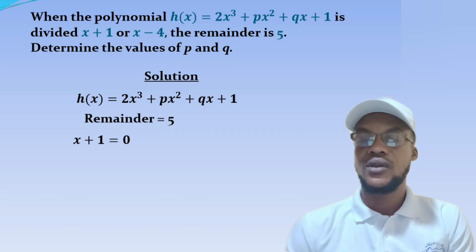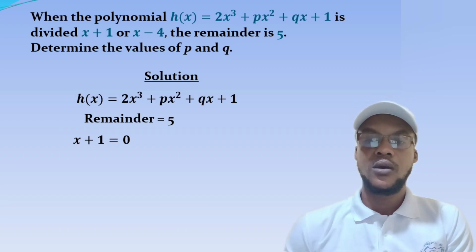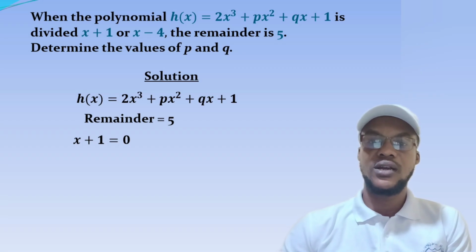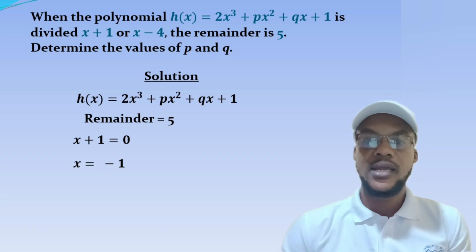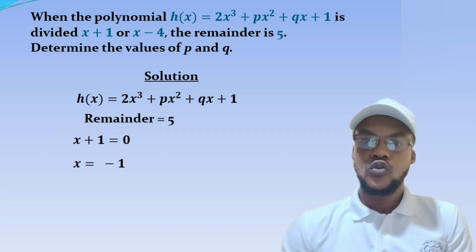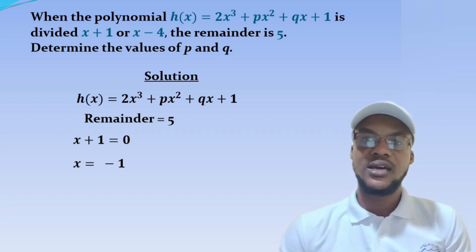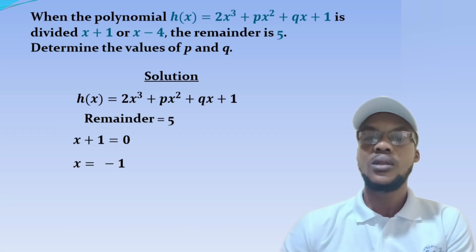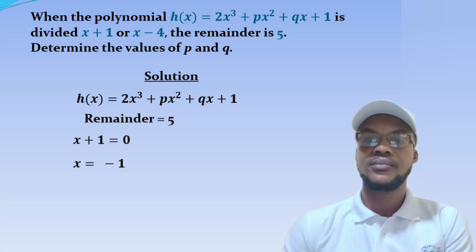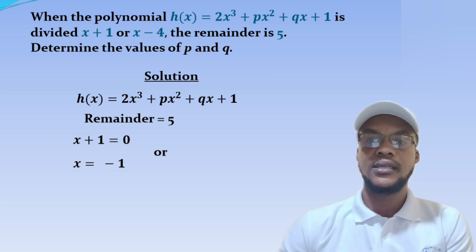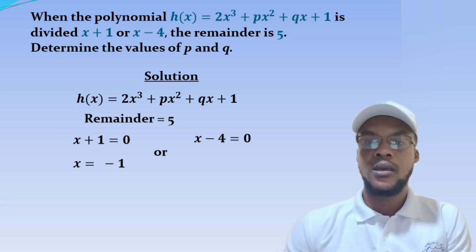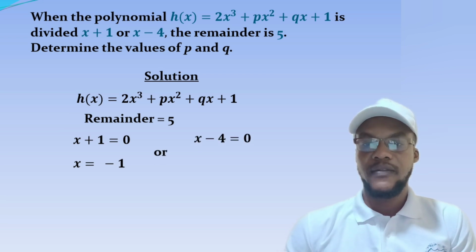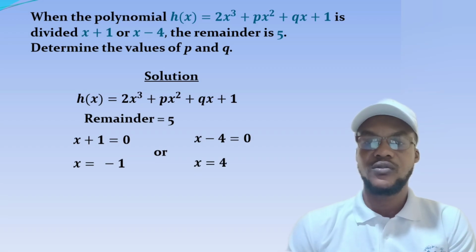What are we looking for? We are looking for p and q. All right, good. So for x plus 1 equal to 0, we get x equal to -1. And we also have another divisor, x minus 4, so x minus 4 is equal to 0, and then we have x as 4.